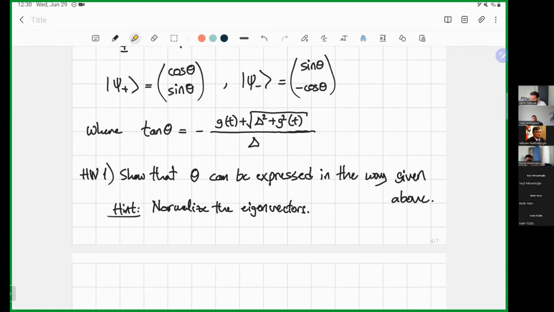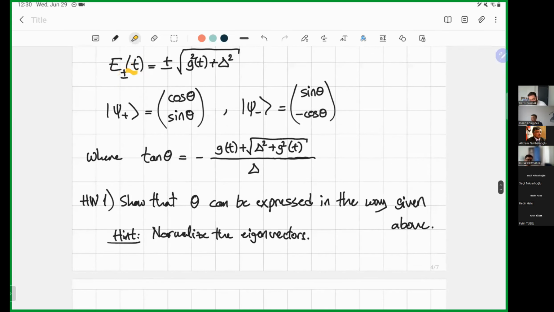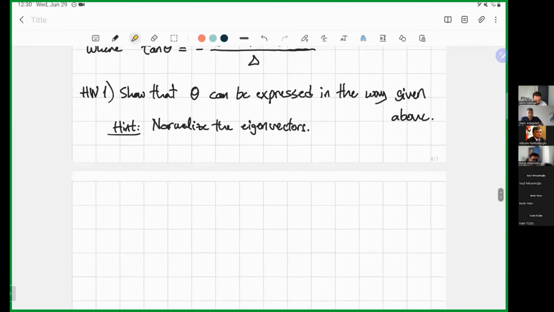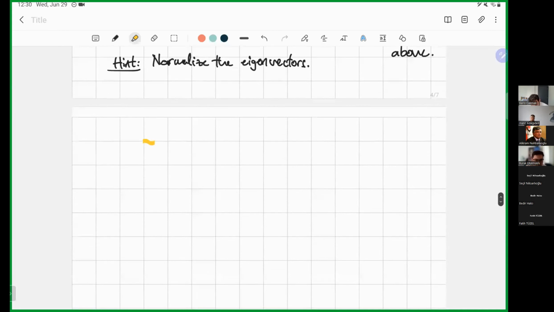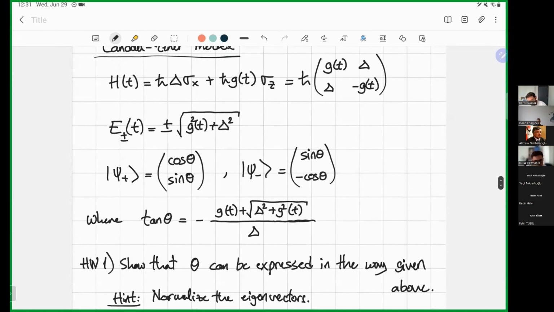fine. Now, what's going on here is the following. If you look at the energy eigenvalues here, we have two energy eigenvalues. If I try to plot them as a function of time, let me first give an expression for g(t), if you like.